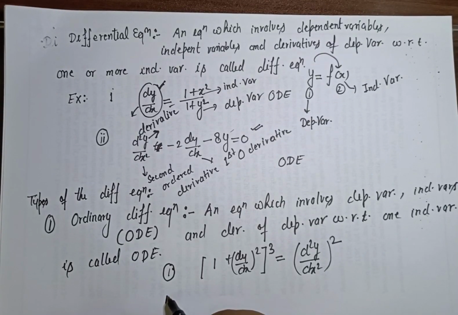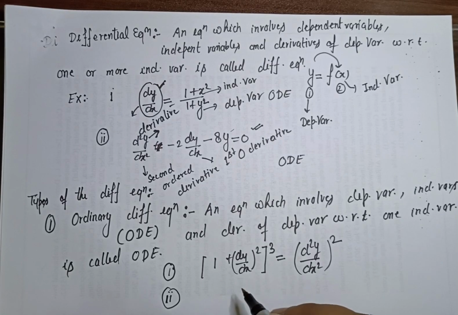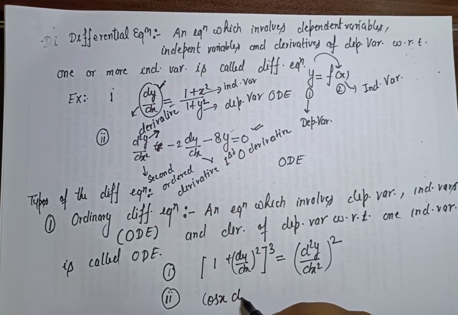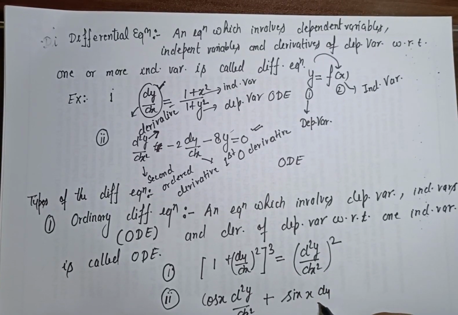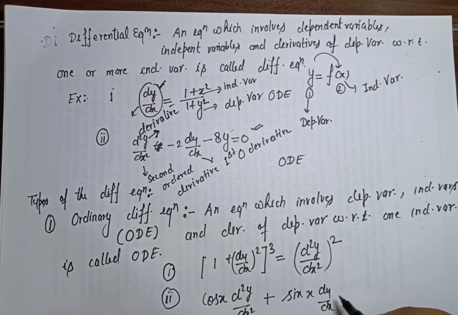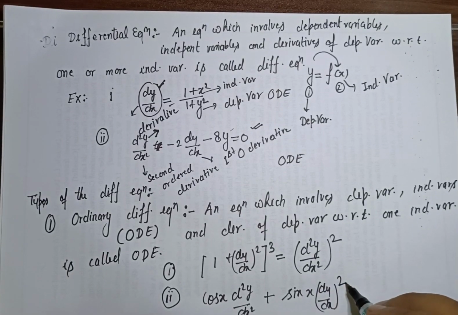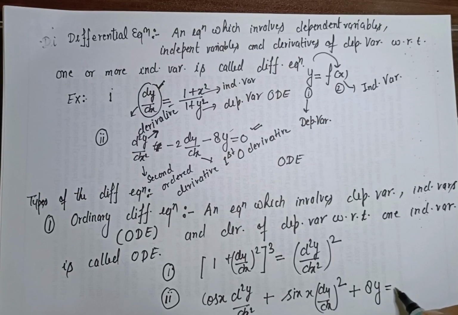And I am also writing one more example: cos x d square y upon dx square plus sin x times dy over dx whole square, and then plus 8y is equal to 10x.